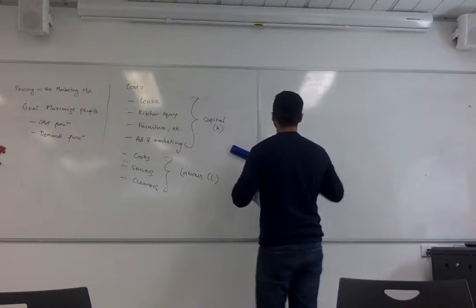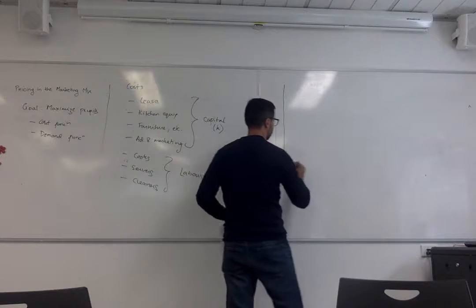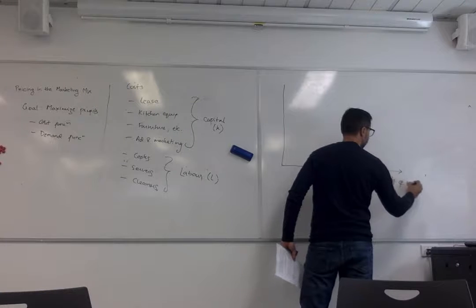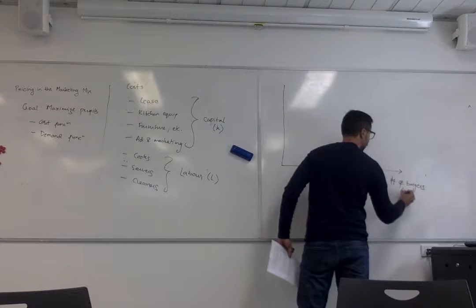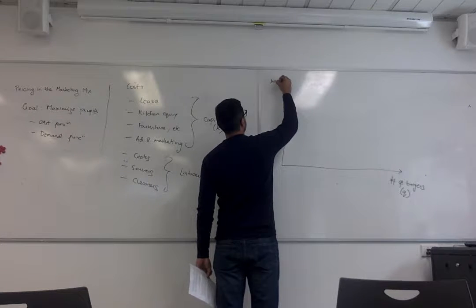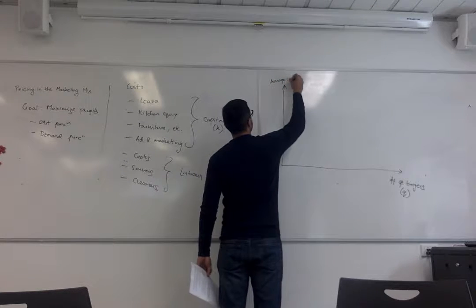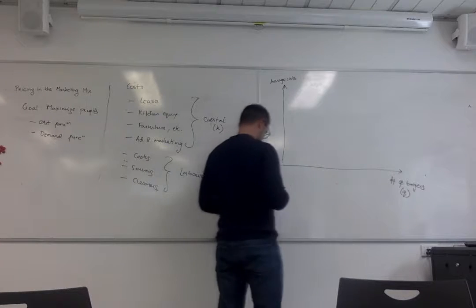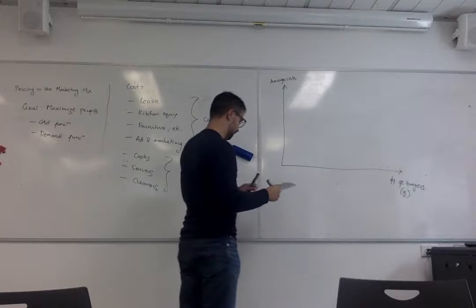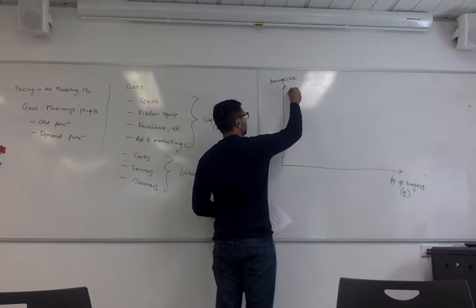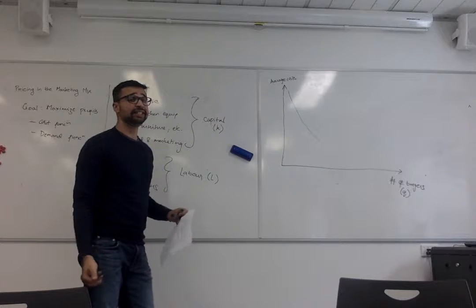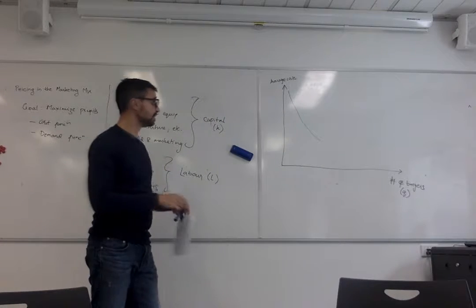So let's say that this is a chart where the x-axis denotes the number of burgers, so the quantity denoted by Q, and the y-axis denotes average costs. All right. And I'm going to switch just to keep things clear. So initially, as you increase the level of production, you'll notice that your average costs decline, and quite dramatically at first.